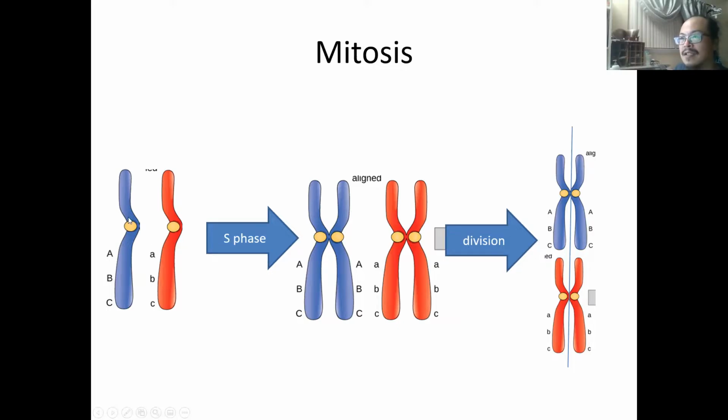During the S phase, each chromosome replicates, and the sister chromatids connect with a centromere. Division is that these sister chromatids will be divided. So the result is one cell that will be identical to this one, and another cell that will be identical to this one. So the daughter cell will be identical to the mother cell, though there will be no mother cell left. The daughter cells will be identical to each other. So that's the mitosis.